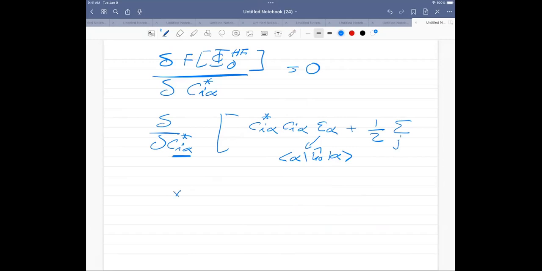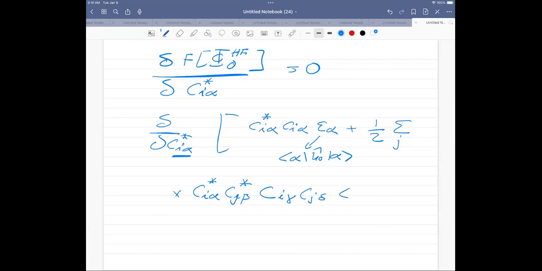And there is going to be a term C_i alpha, C_j beta, complex conjugate. And then I'm going to have a C_i, and I'm going to call this gamma, and C_j delta.